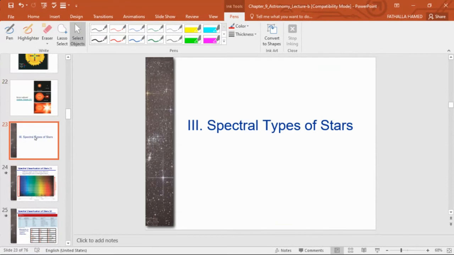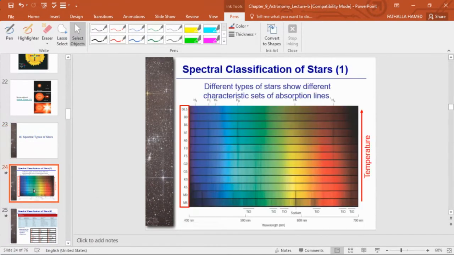Now, in this part here, how do we classify stars? Now, stars are far away from here. And I told you in chapter number 2, previously, when they looked at stars, the only thing that can be seen quickly is basically the brightness.